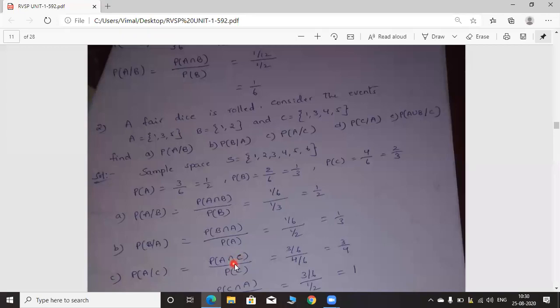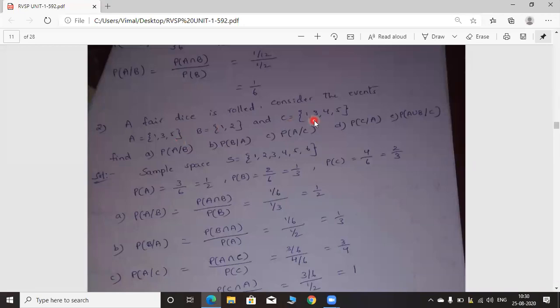So probability of A intersection C. This intersection indicates the common portion or common elements or common area for both events A and C. Event A and event C are defined in the problem only. If you observe the elements, event A has 3 elements, 1, 3, 5. Event C has 4 elements, 1, 3, 4, 5.